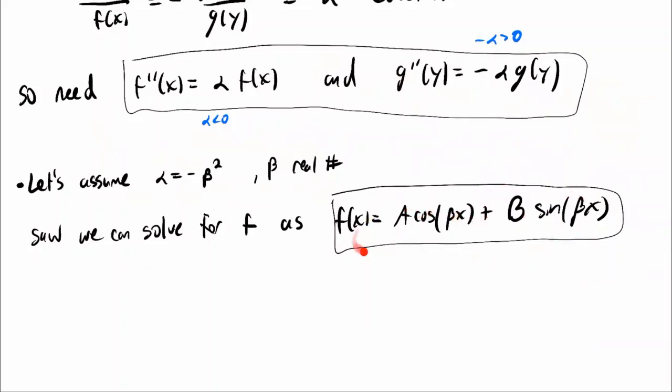This formula only works if this constant coefficient, when written in this way, is negative. But here, if it's negative, this is going to be positive. So once we fix this as our choice for f, we're going to have to use a slightly different method to solve this ordinary differential equation. So we're not going to get sines and cosines, is the point. But nevertheless, we can still solve it using the same methods that would lead you to this equation.